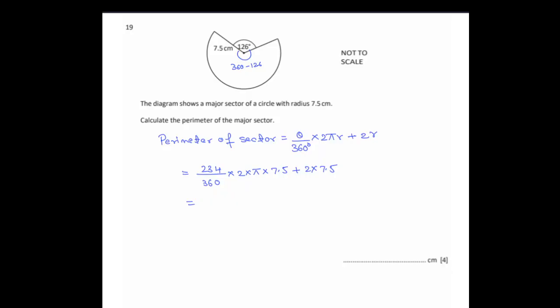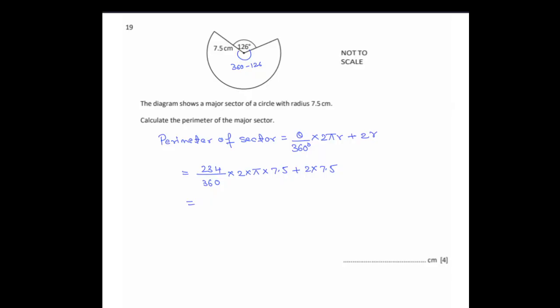234 by 360 into 2 into pi into 7.5, plus 2 into 7.5.